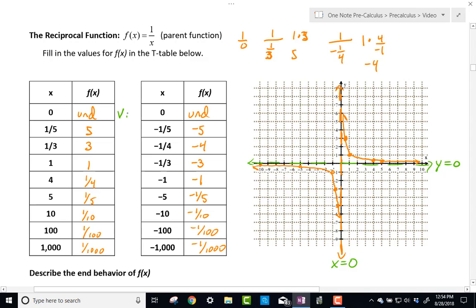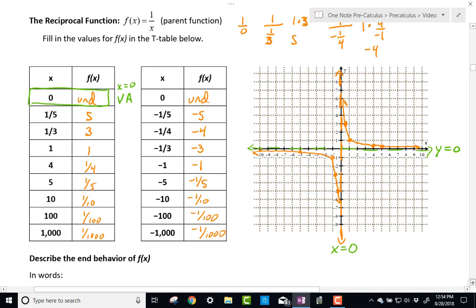So I'm going to call this vertical asymptote x equals 0. How do I know that? I can see it in my t-table right here. Anytime I end up with 0 in the bottom, whatever number made the bottom 0 becomes your vertical asymptote.